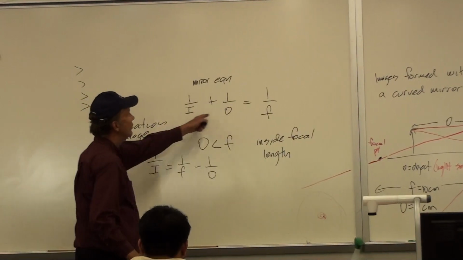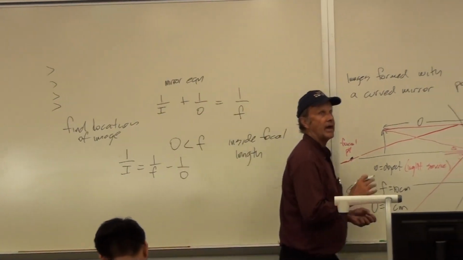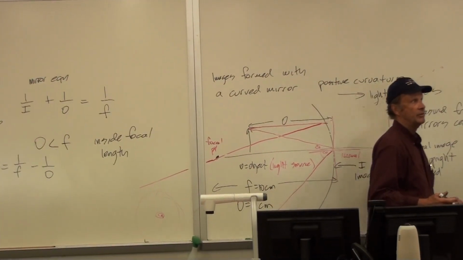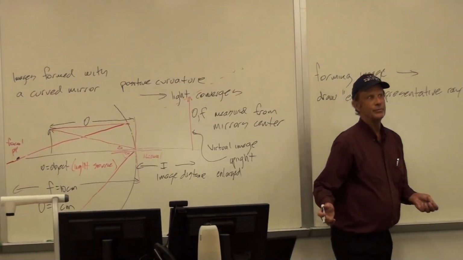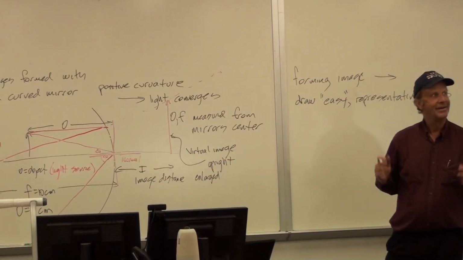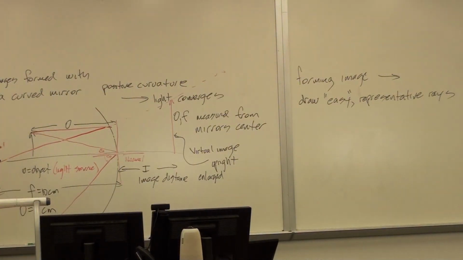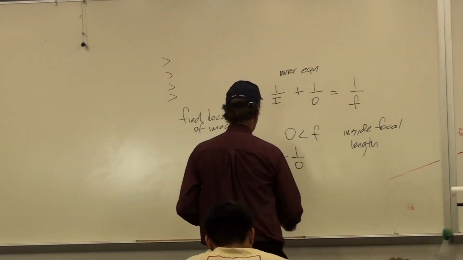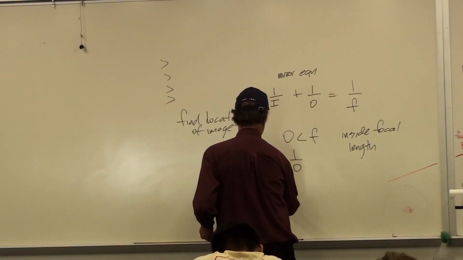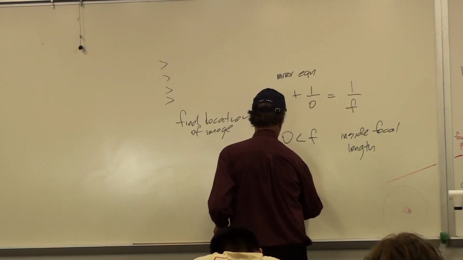But notice we're doing it with 1 over and not with I plus O equals F. So we don't want to just automatically assume that those are the same thing. You know that from your math classes, that those can't be the same. So here we have 1 over F, so that's going to be 1 over 10 minus 1 over 7.